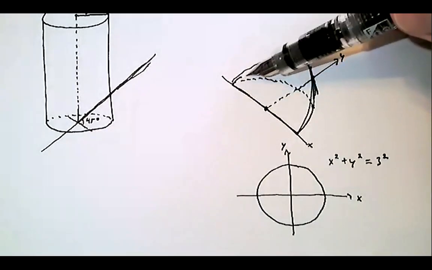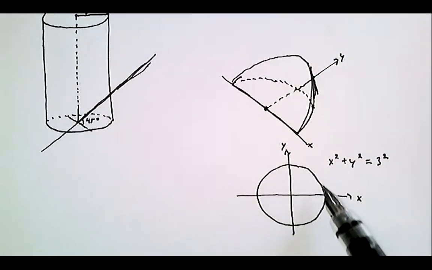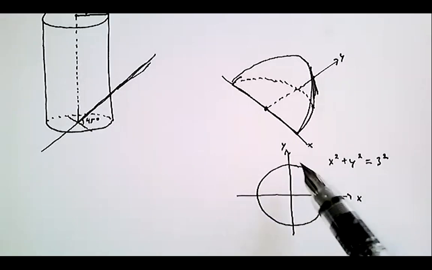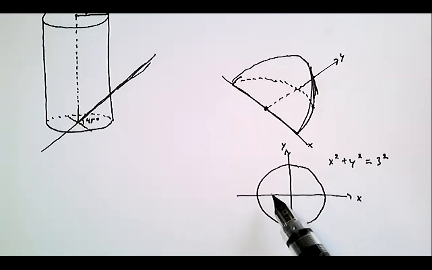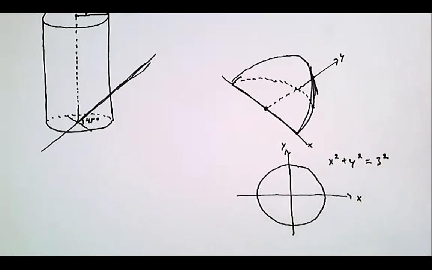So this curve along the base of the wedge is this upper curve of the circle. So in order to figure out the y-coordinate to correspond to each x-coordinate, I need to solve this formula for y. And it's just a couple steps to get it.